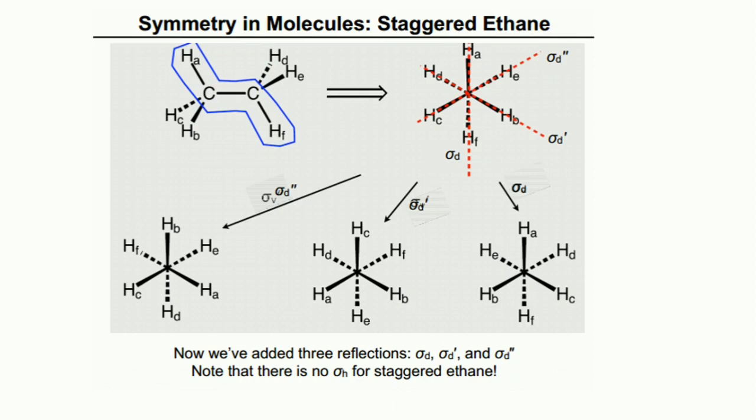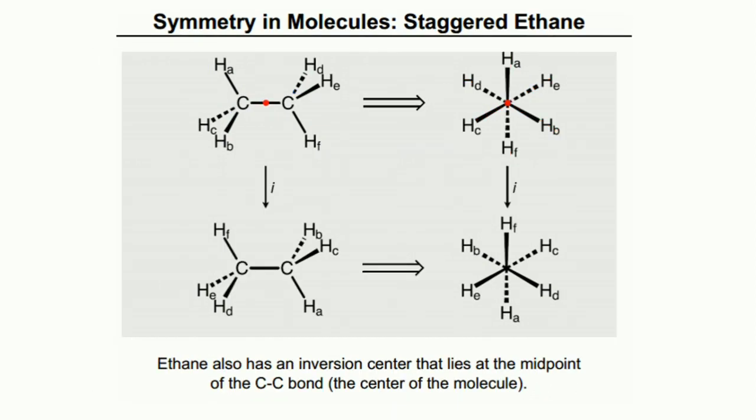But there are other symmetry operations also present in staggered ethane. Let us find how many it has.